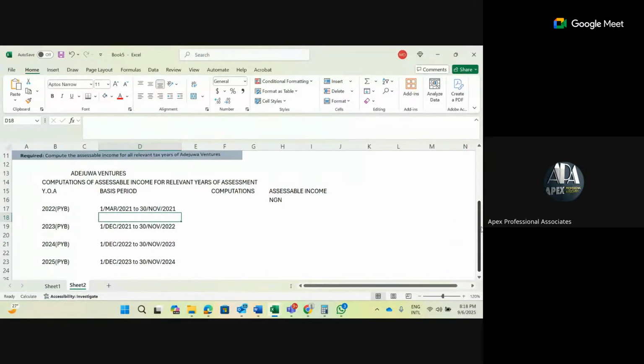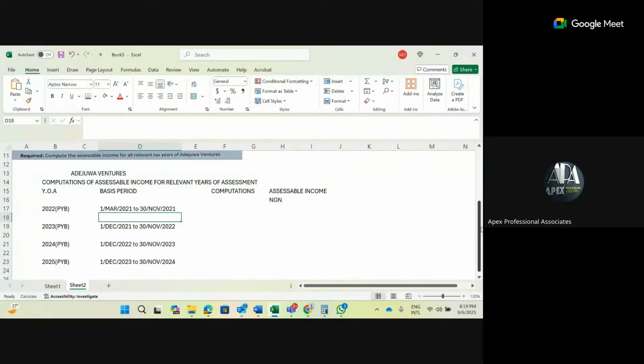How many months do you have from 1st of March 2021 to 30th of November 2022? 21 months. You can't use 21 months because your basis period, I said it, the number of months must not be more than 12 calendar months, but it can be lesser than 12 months.